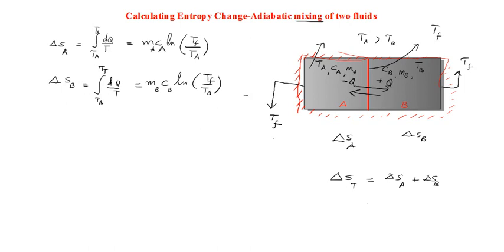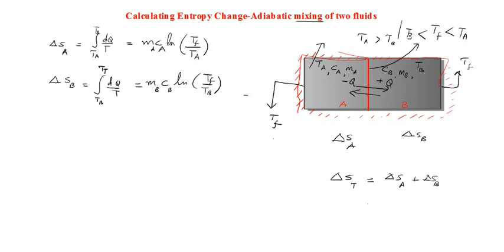Can you tell me anything about the signs of delta SA and delta SB? We can see that TA is initially greater, and the final temperature will be less than TA. So TF will be less than TA, and TB will be less than TF.